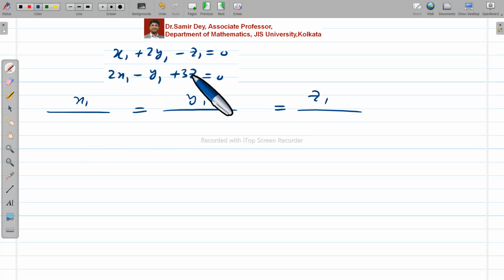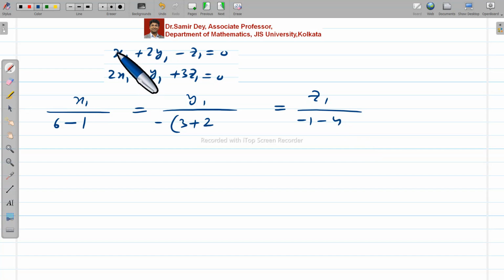So for x1, that is 2 into 3, 6, coefficient of this, that is 1 into 3, minus this into this; for z, this 2, 1 coefficient minus 1, that is minus 4. Is it clear?